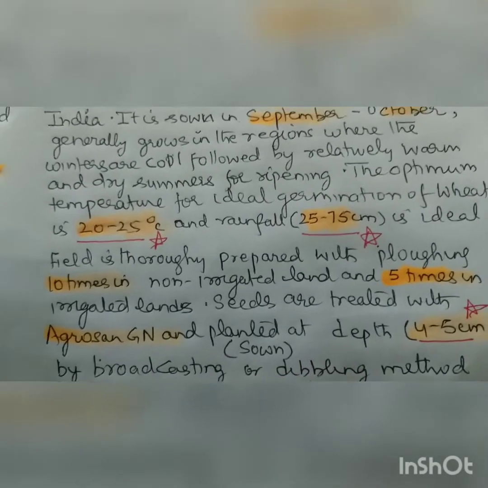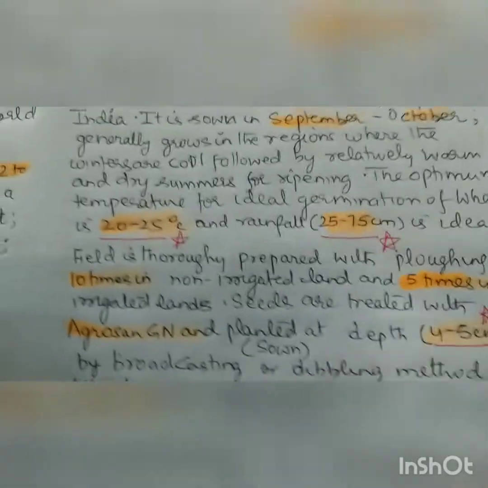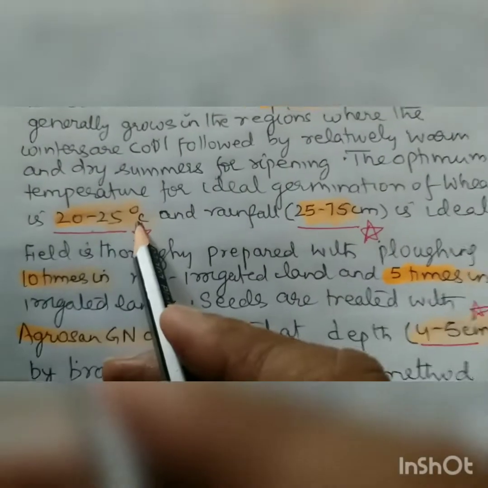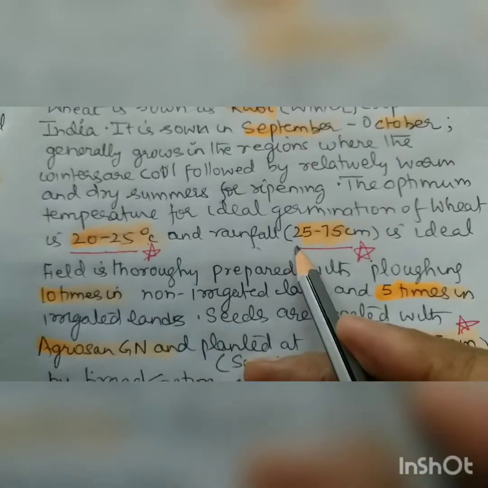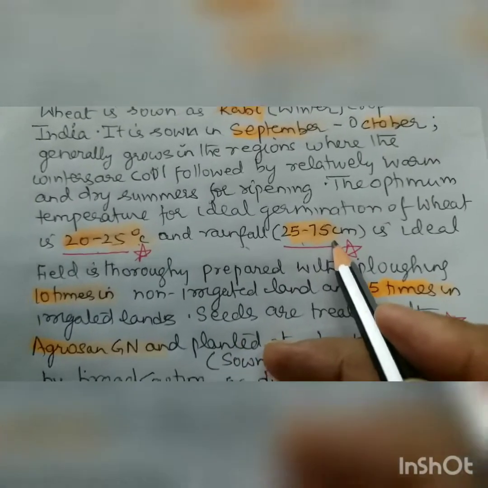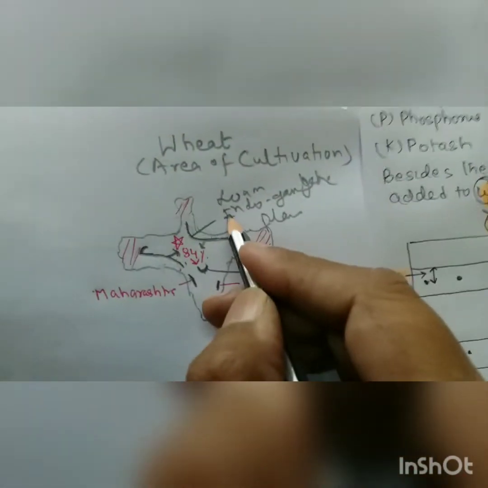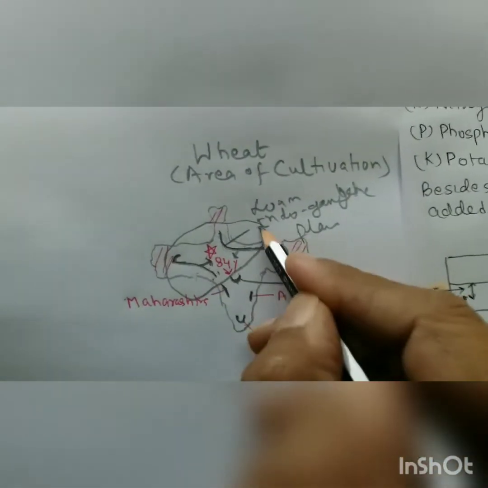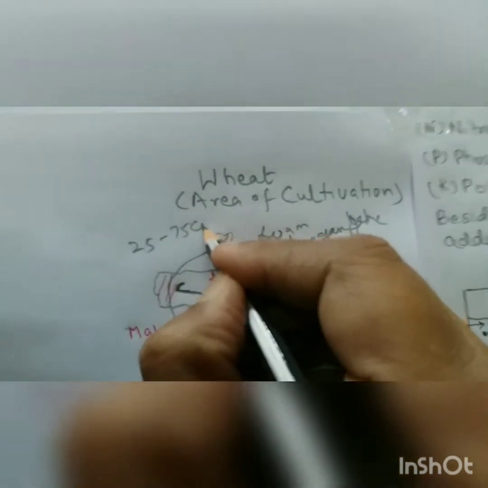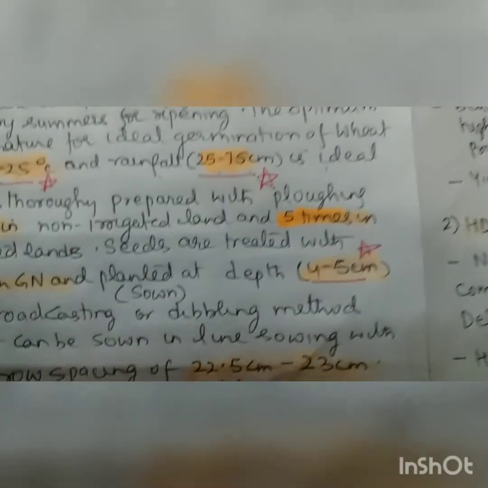The optimum temperature for ideal germination of wheat is 20-25 degrees centigrade, and the rainfall of 25-75 centimeter is ideal. This is the rainfall which occurs in these areas, an average of 25 centimeter. Some 100, some 70, some 60, some 40.